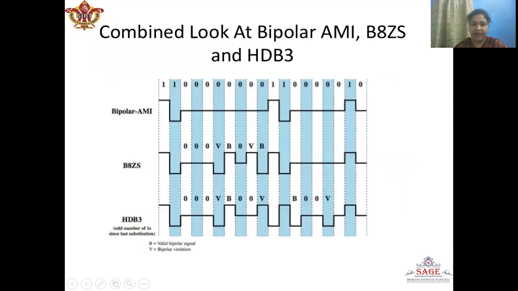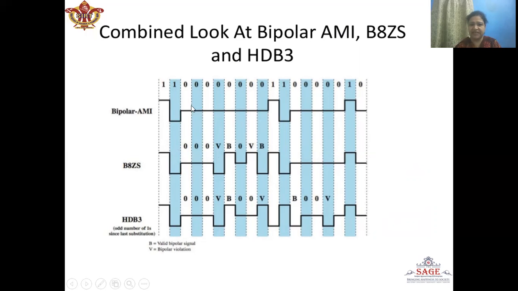Now here we can have a combined look at bipolar AMI, B8ZS and HDB3. In bipolar AMI, we can see ones are represented by alternate positive and negative voltage level, but zeros are represented by 0 voltage level.